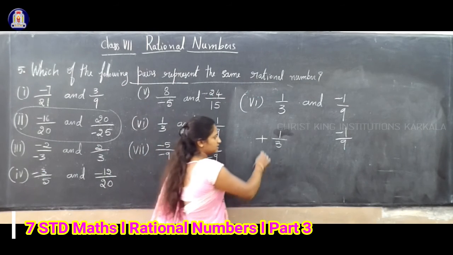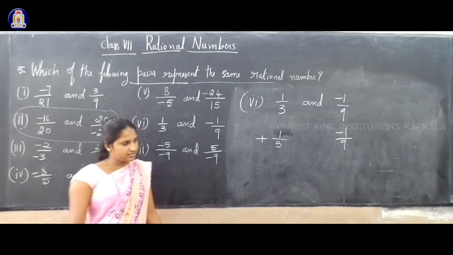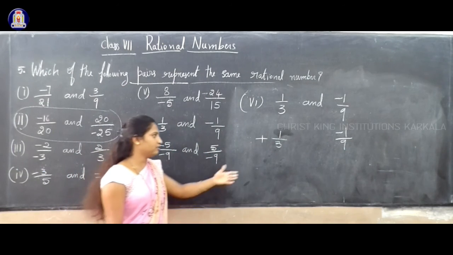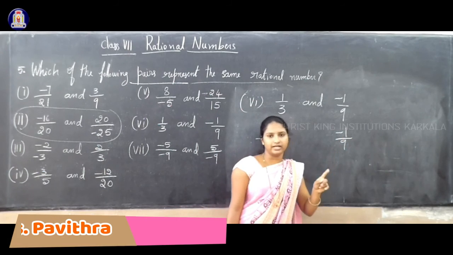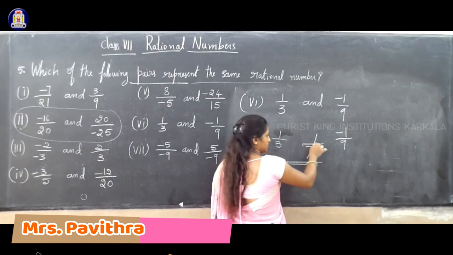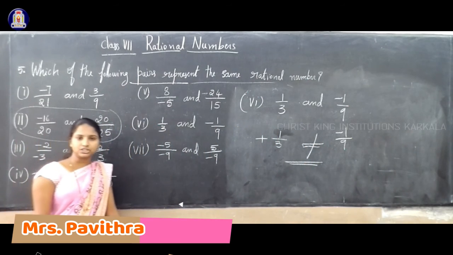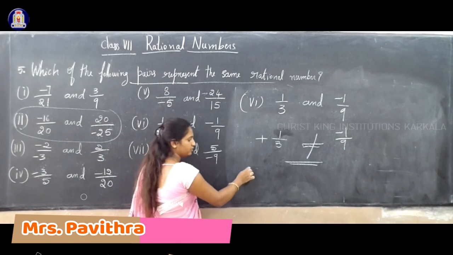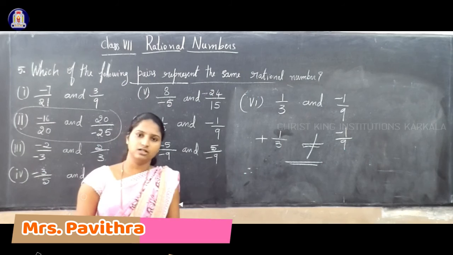So the answer is plus 1 by 3 and minus 1 by 9. Is it the same or not? The rational numbers are different, isn't it? 1 by 3 and here 1 by 9. They are not equal. So you can write: they do not represent the same rational number.